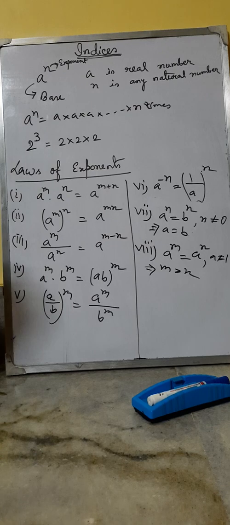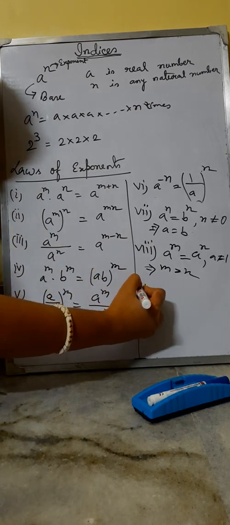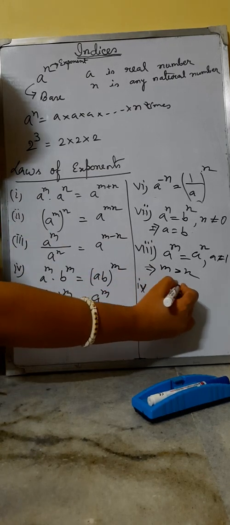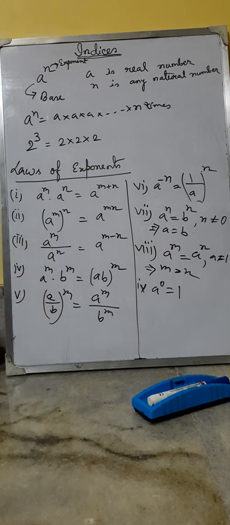One more thing you have to remember, a to the power 0 is 1. Any real number with power 0 equals 1.